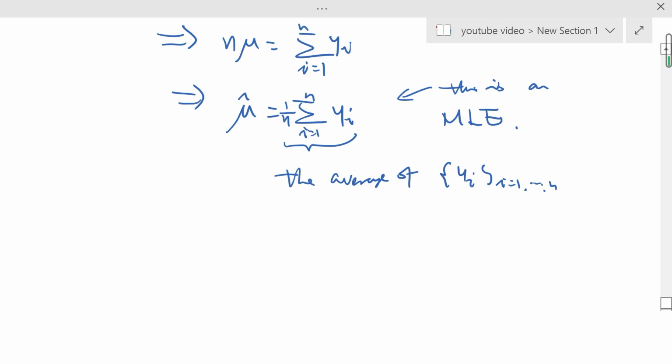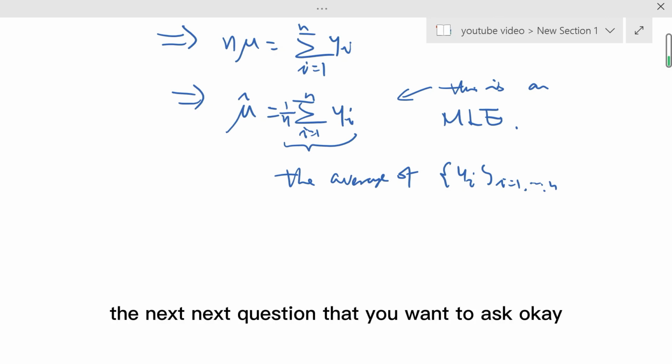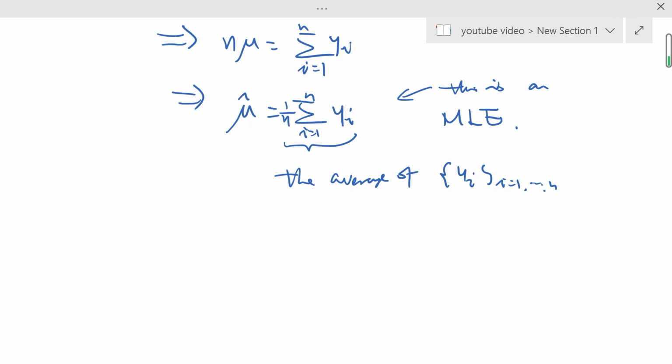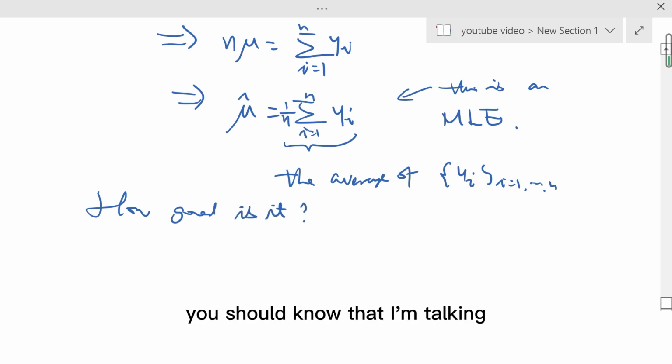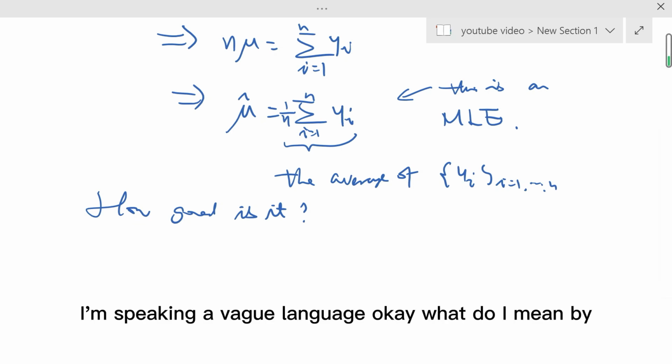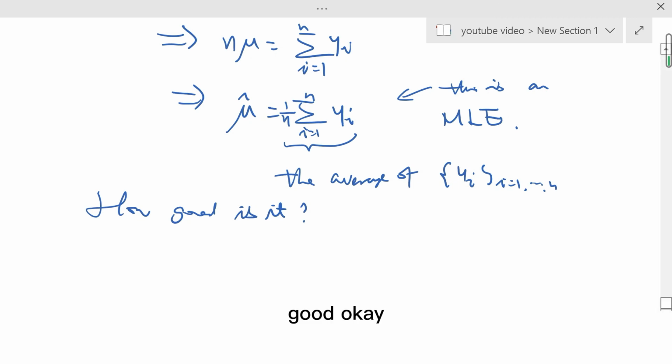So now the next question you want to ask: okay, we have this maximum likelihood estimator, how good is it? I'm speaking vaguely, so what do I mean by good?